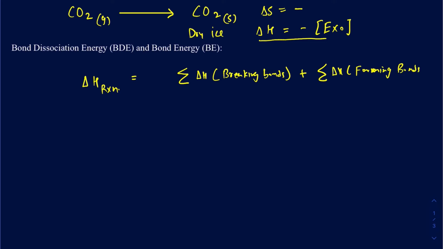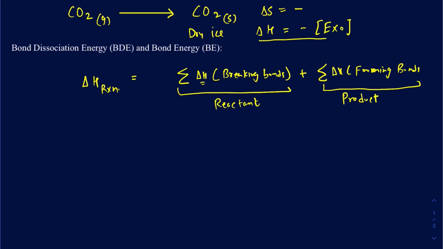So obviously this is going to be looked at the reactants, like how many bonds you're going to be breaking, and this is going to be looked at the products, where you're looking at how many new bonds you're making.